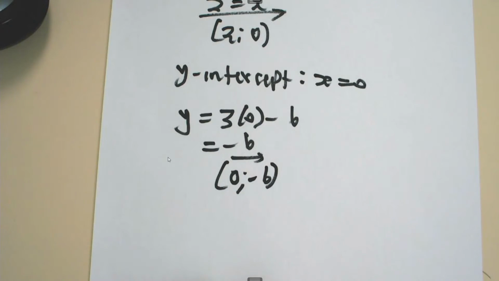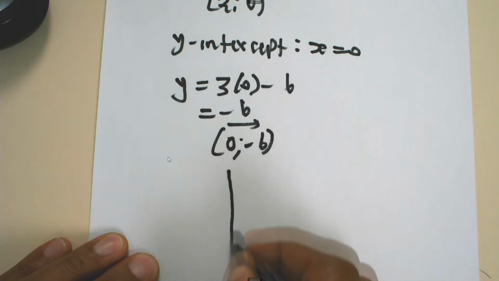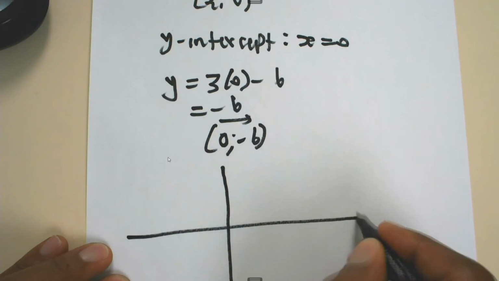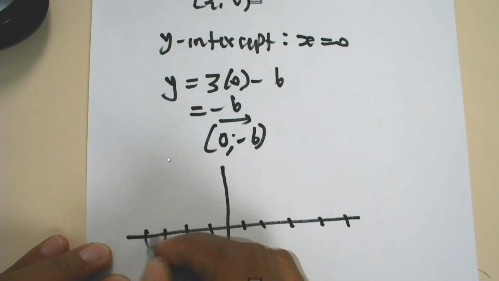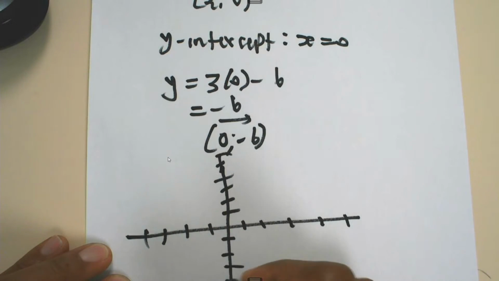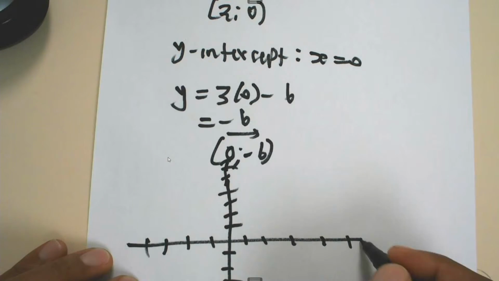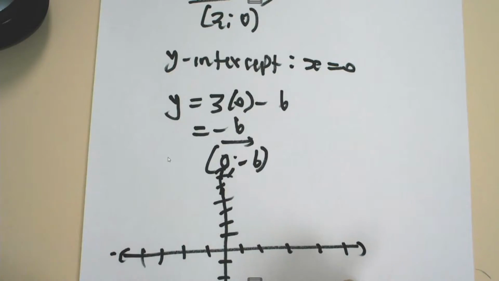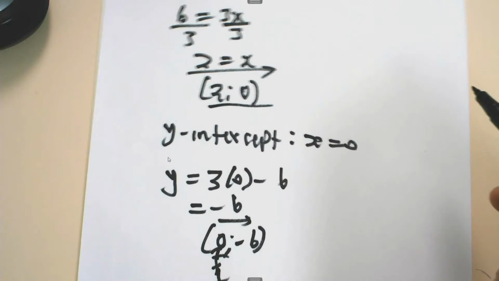Very important. The question said we must sketch it. When you sketch the graph, please use a ruler with the correct interval, so that we're able to indicate the coordinates, especially when we are using the table as well as the dual intercept. Right, let me start with the first one. The first point is x is 2, y is 0.